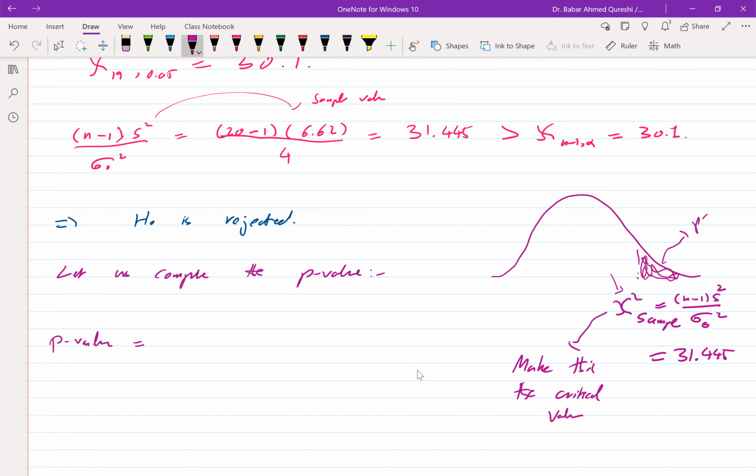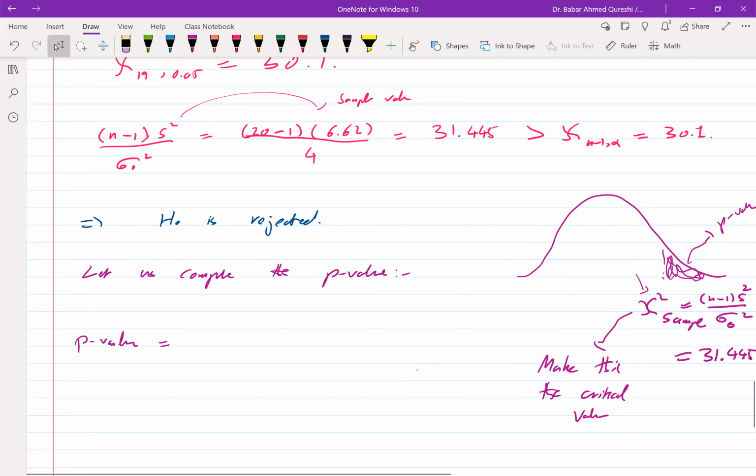So this probability is the p-value. The probability that this chi-square 19 is greater than this value.